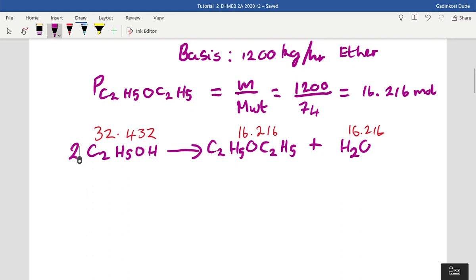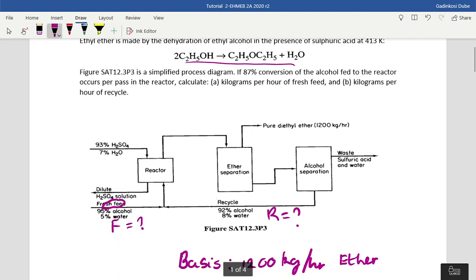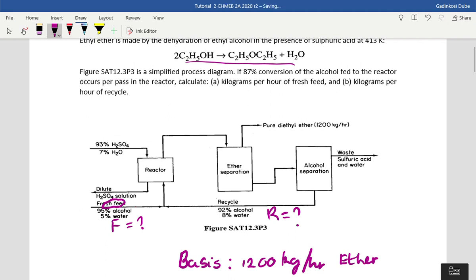So now, since we know there's no alcohol produced at the end of the process, let's go back to the diagram so you can see what I'm talking about. It's very important in recycling systems to monitor the diagram or have a detailed study of the diagram. You can see here that there's alcohol coming into the system, and then at the end of the process there's no alcohol.